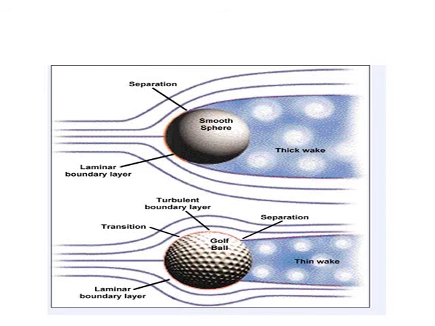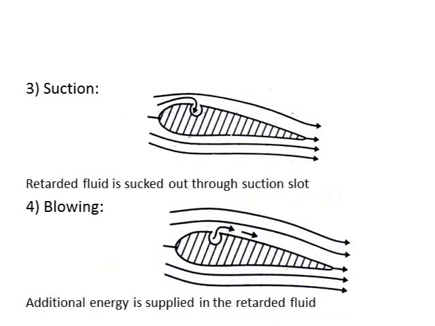Third, suction. Now, in an aerofoil section, a small gradual circular hole is provided where fluid passes. Because of that, wake decreases. Retarded fluid is sucked out through the suction slot.